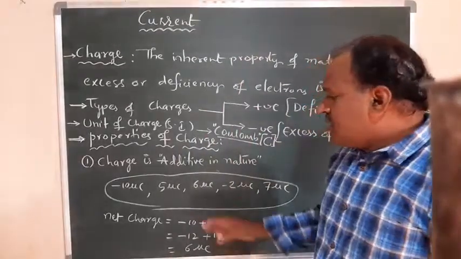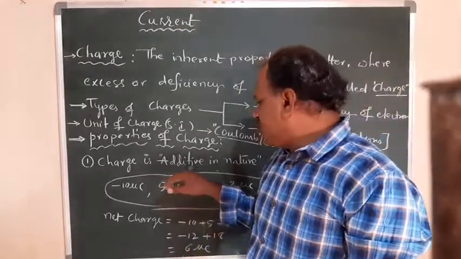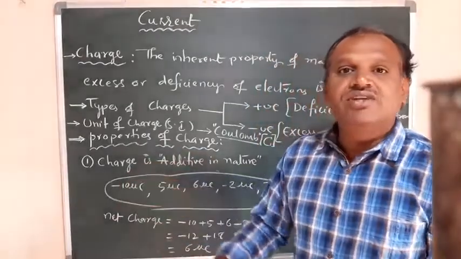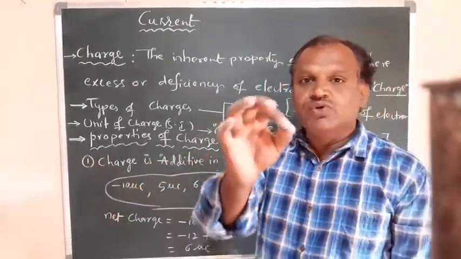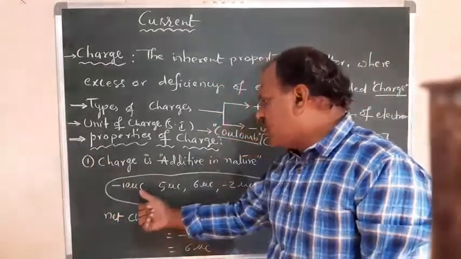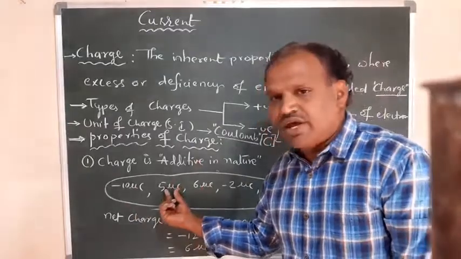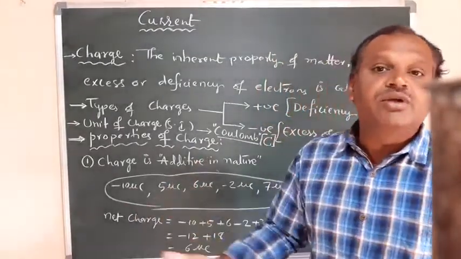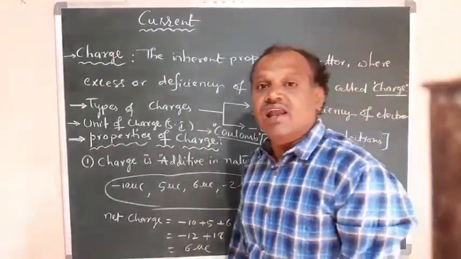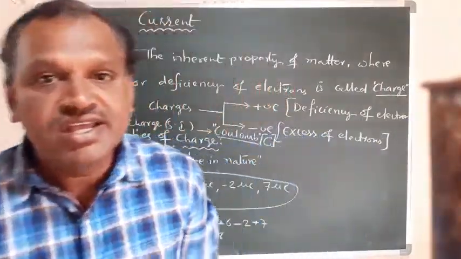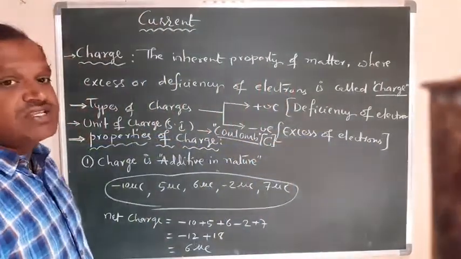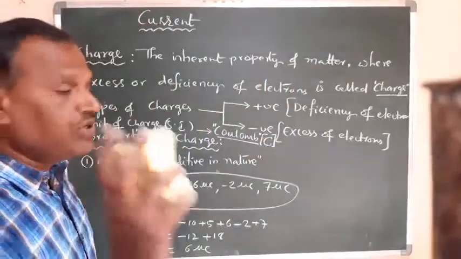Now, based on this additive nature, the charge has no direction. It has only value. That is minus 10 or plus 10 or 5 or 6 or whatever. Only value is there. But direction is not possessed by this. So it is a scalar physical quantity. Charge is a scalar physical quantity. It has no direction. Only value is existing.